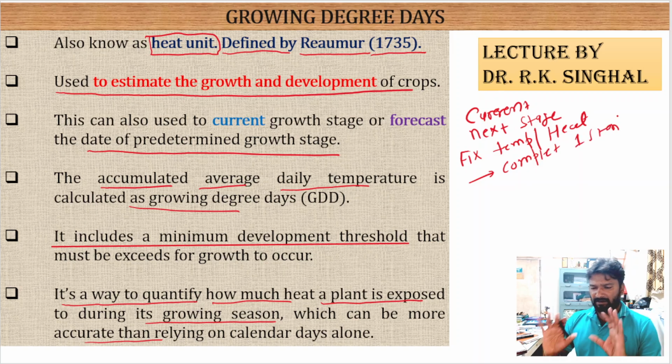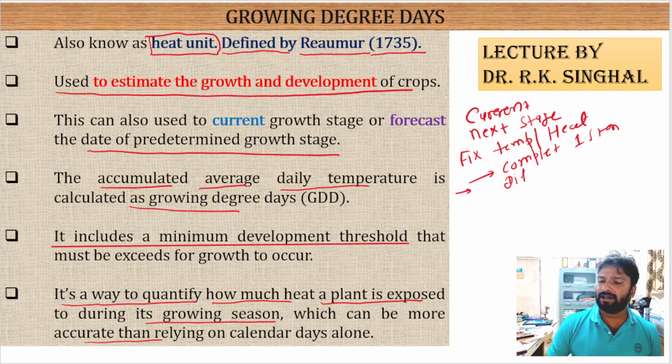We'll take one example. You know that a plant has different growth stages like the germination stage, first leaf stage, third leaf stage, five leaf stage, then the reproductive stage and the grain stage.